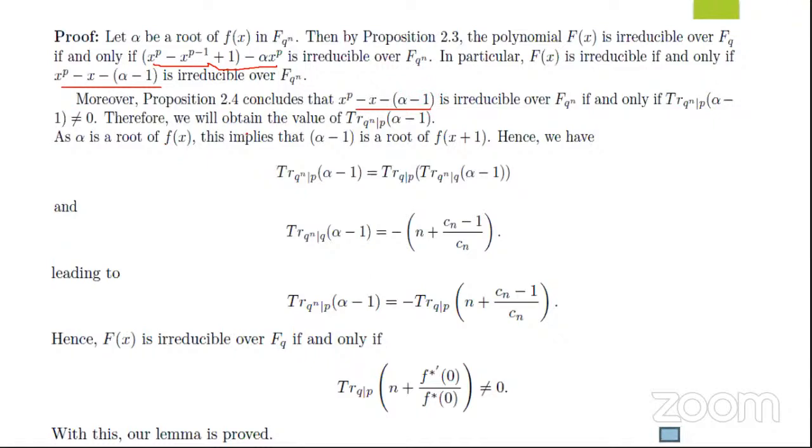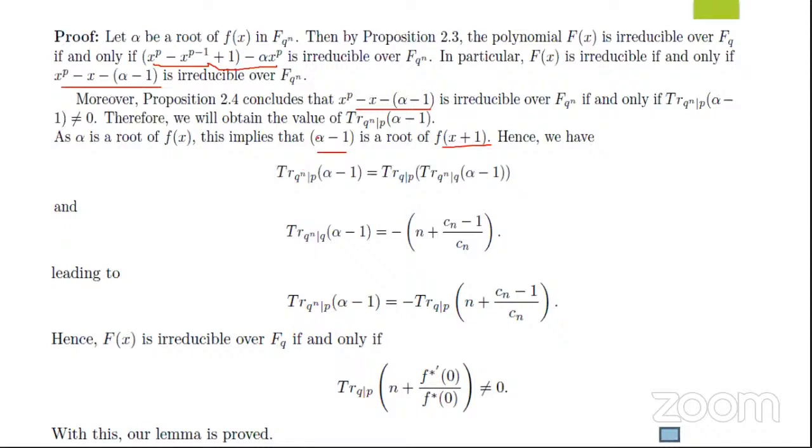Now we'll find the value of trace of alpha minus 1. We have alpha is a root of f of x. This implies that alpha minus 1 is a root of f of x plus 1. Then we can write trace of q n by p of alpha minus 1 as trace of q by p into trace of q n by q of alpha minus 1. Then trace of alpha minus 1 is n plus c n minus 1 upon c n.